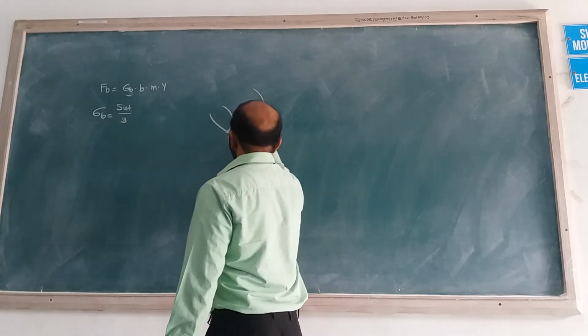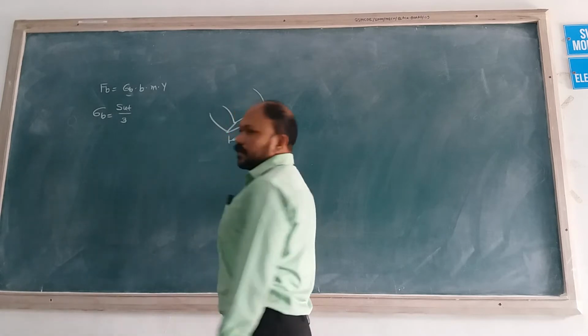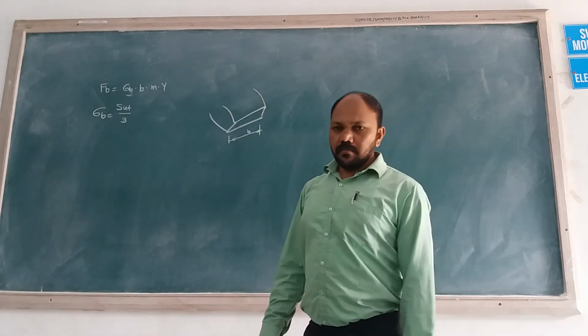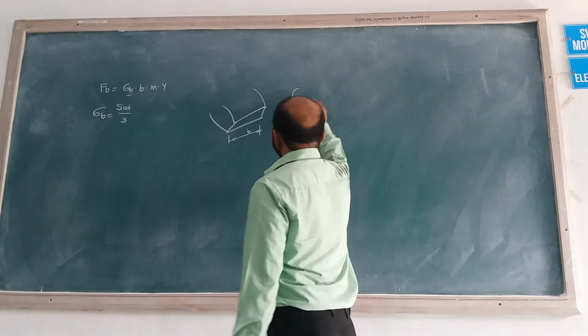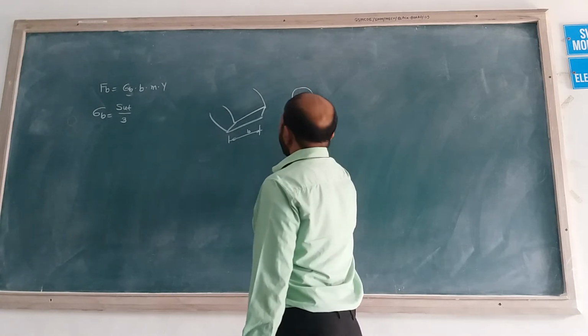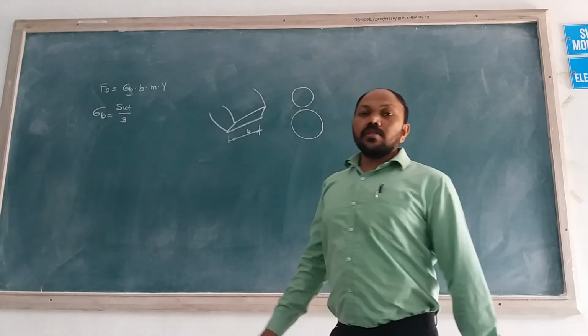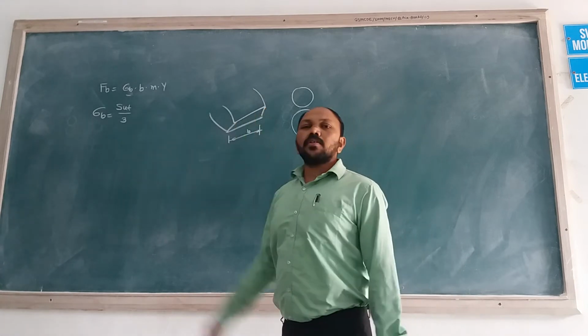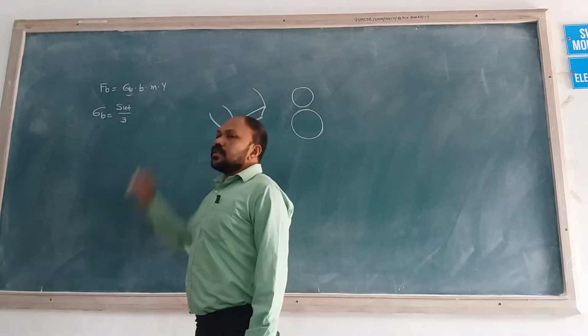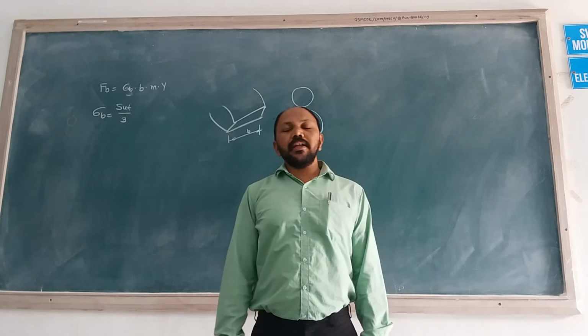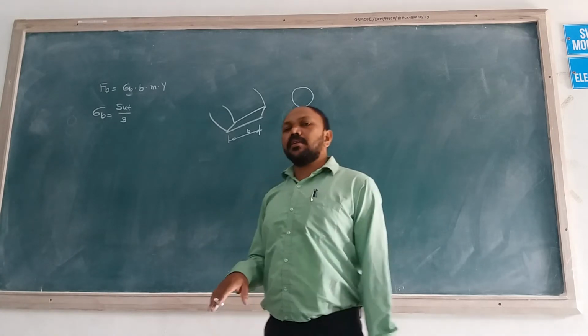This face width b is constant for both the gears, pinion as well as gear. So the face width is the same. Then module m is also the same in case of pinion as well as gear.